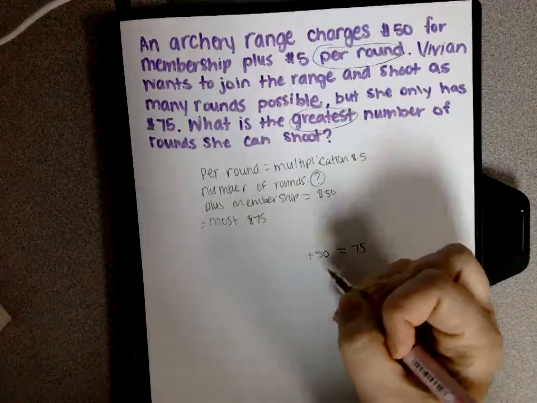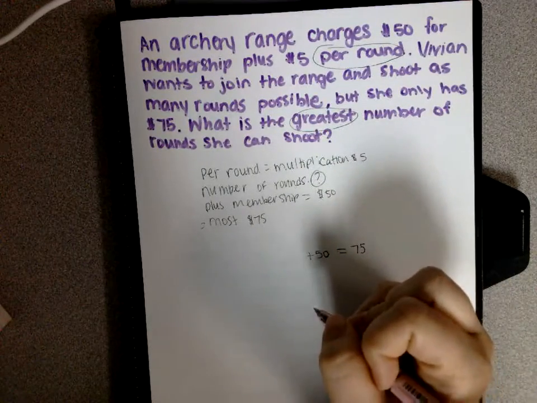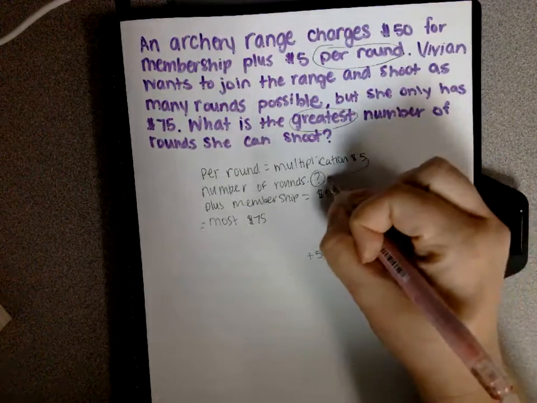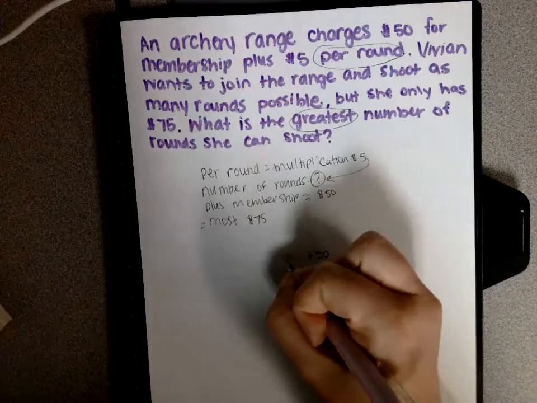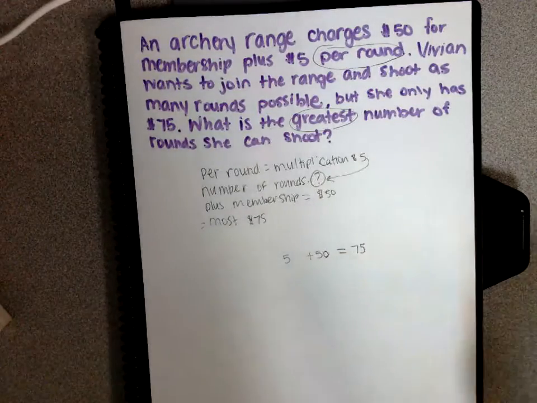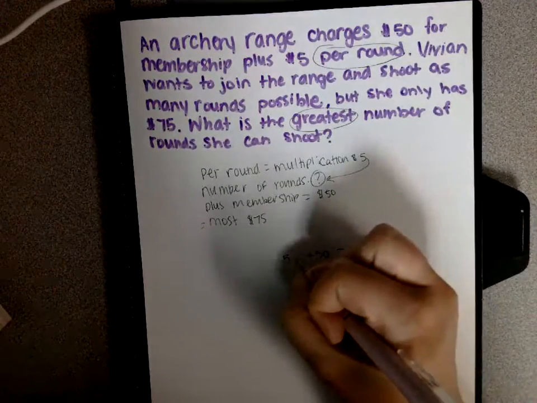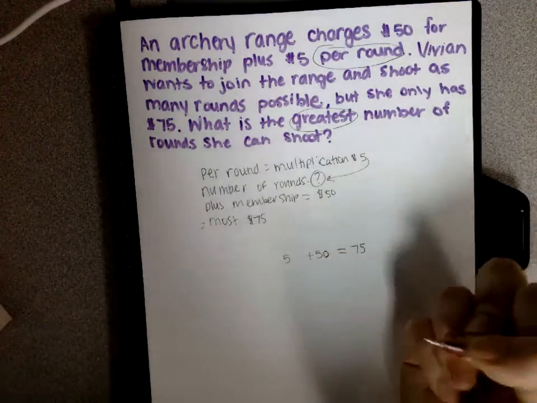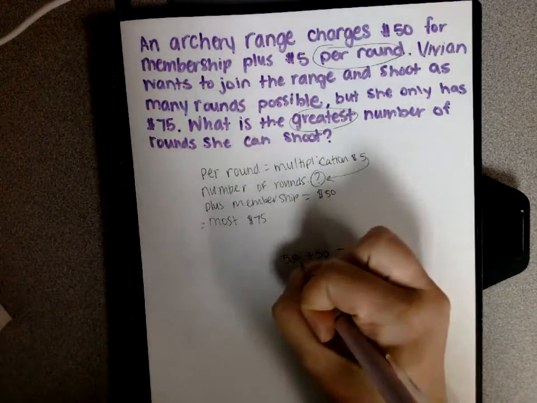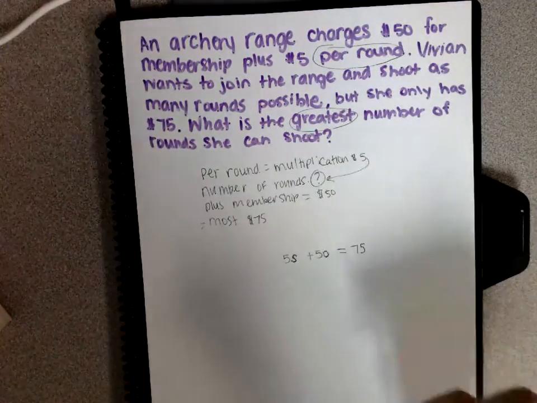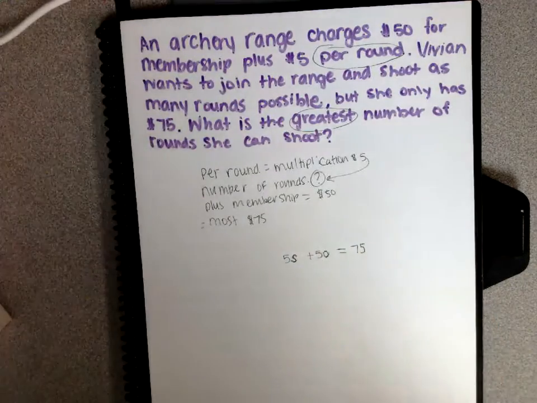So there's $5 per round, and we're looking for how many rounds we can shoot. Per round, I'm going to say $5 times something plus 50 equals 75. What do I want my variable to be? I'm going to let my variable be S today. Okay, so 5S plus 50 equals 75.